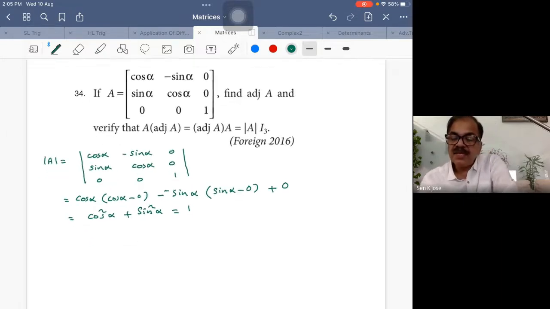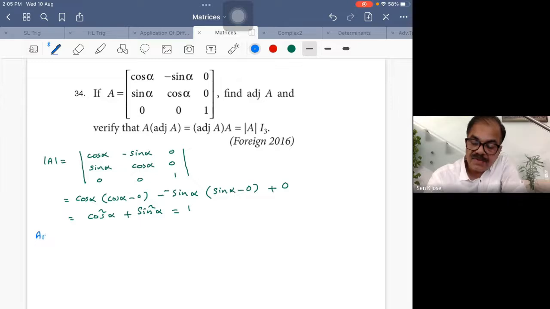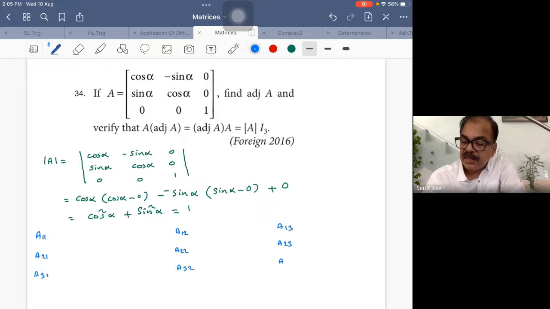Now the actual first question, find adjoint of A. So I need the cofactors to be calculated. So A11, these are going to be long. A12 and then A13, A21, A22, A23, A31, A32, and A33.